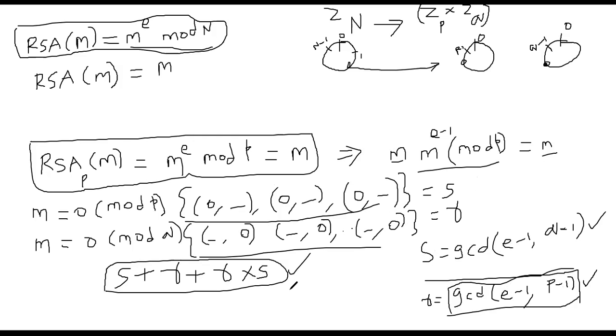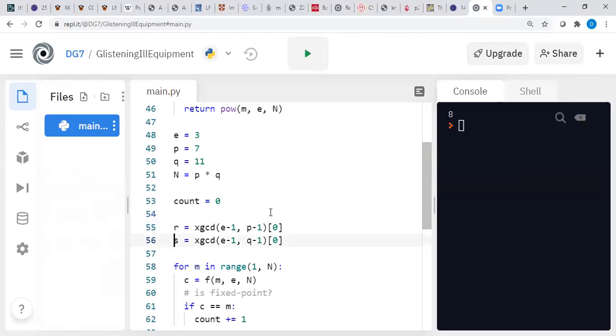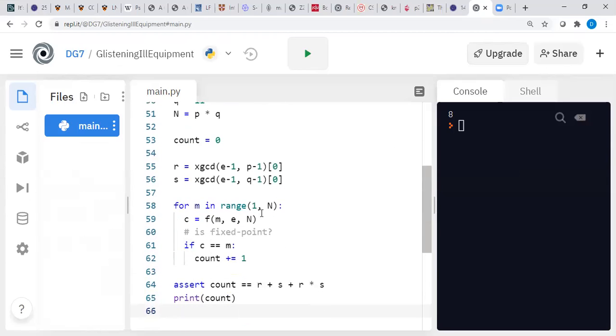Actually, we can also confirm that in the demo. Let's go back here. Let us just do mod p, and we would like to confirm that the count is nothing but R. That's what I said on the whiteboard, because I'm now doing mod p. Let's see whether this is true.